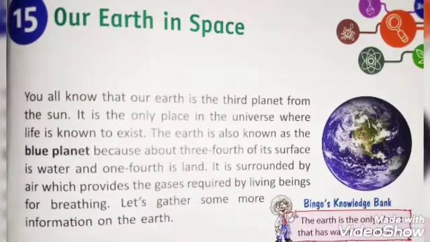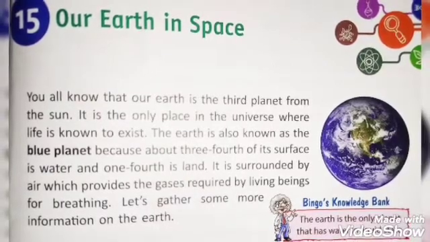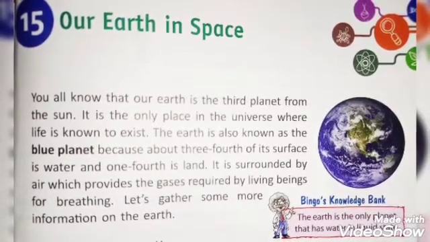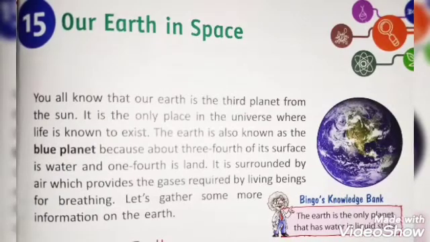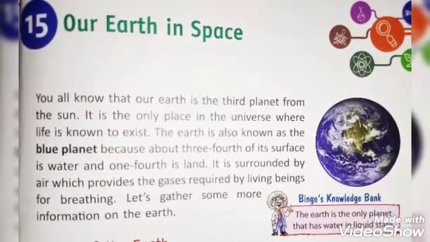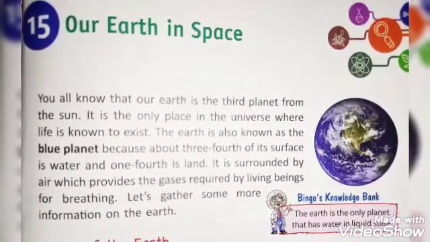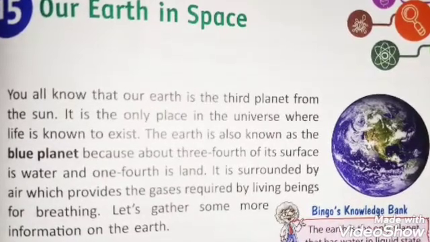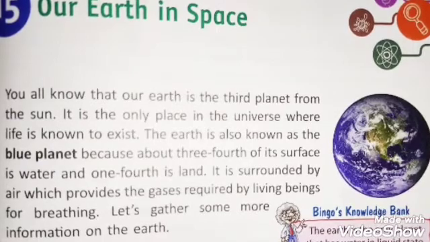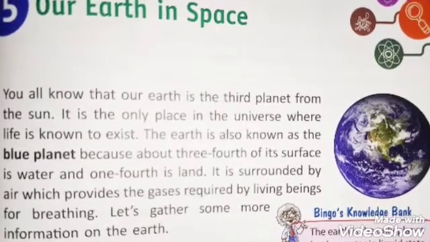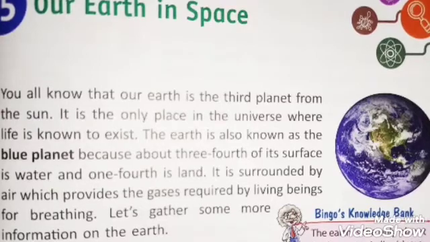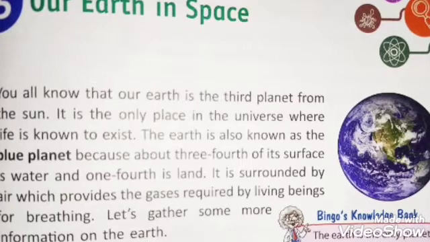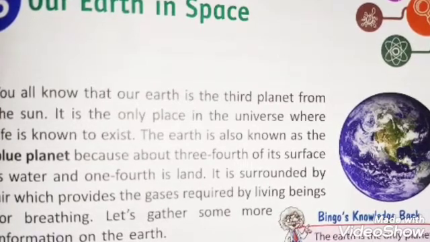Now, the shape of the Earth. People in ancient times used to think that our Earth is flat, just like a table. But later on, some sailors undertook sea voyages and proved that the Earth is not flat but round in shape.